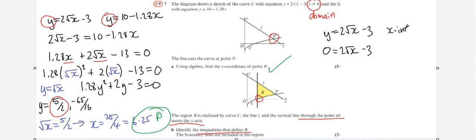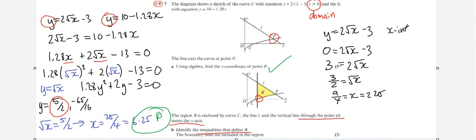Okay, so now if 0 is 2 times the square root of x minus 3, well, then 3 must be 2 lots the square root of x, and 3 over 2 must be the square root of x. So then 9 over 4 must be x. Okay, and that's 2.25.